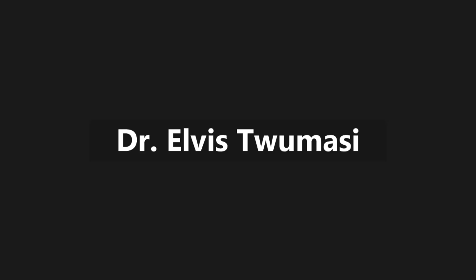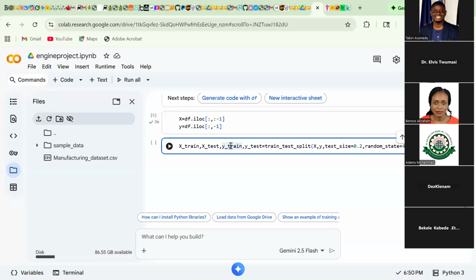Let me do that now. So we want to split into X train and X test, right? So you call all of them, because one nice thing about this train test split is it will do all the work for you. So all that you need to do is to name the things you need. You need X train, comma, X test, right?